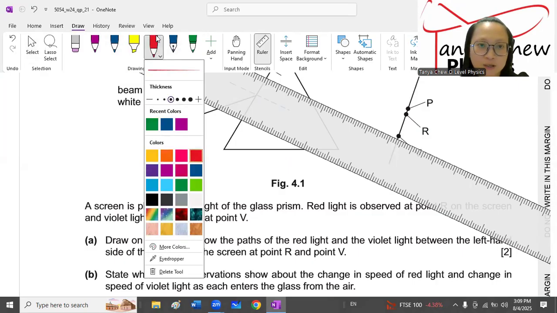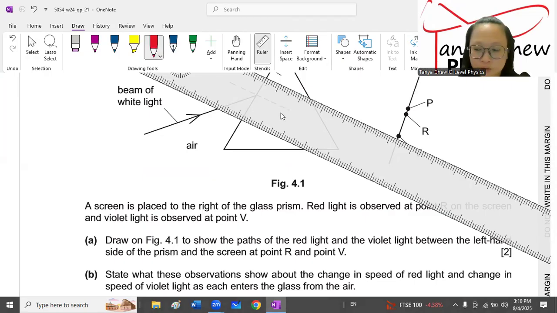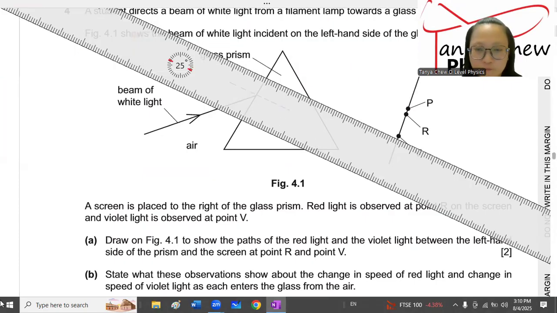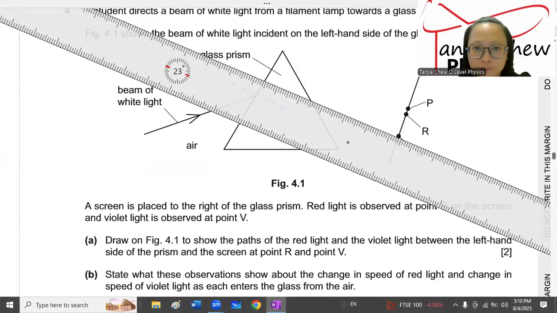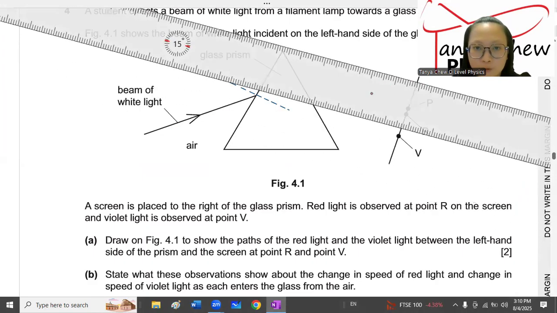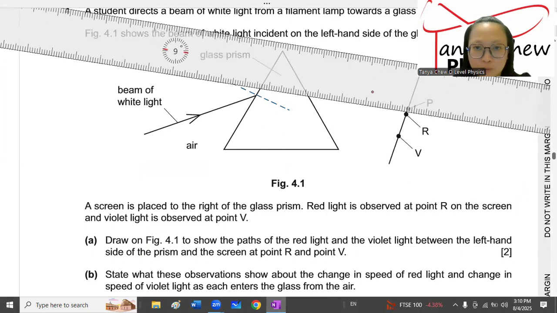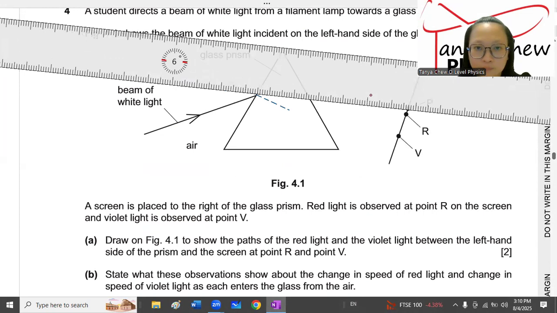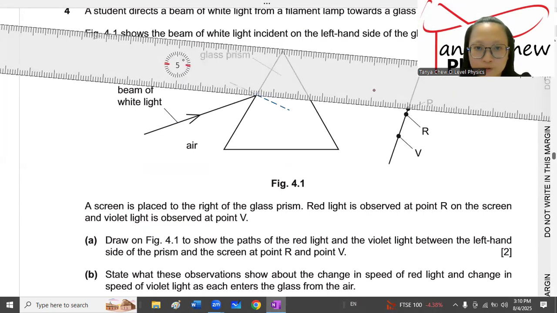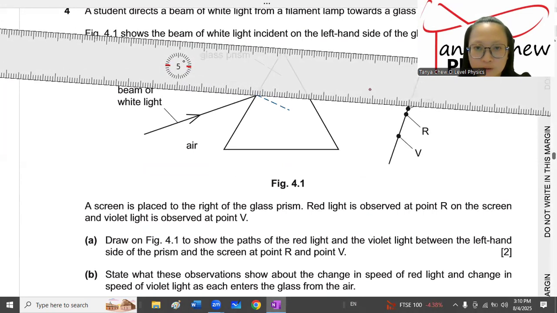How about that? So this is red color. So red color, let me shift my ruler a little bit. So it will be refracted a bit more as compared to the violet. Is it okay? Better? Okay, a bit more.